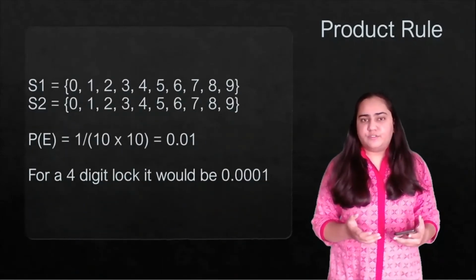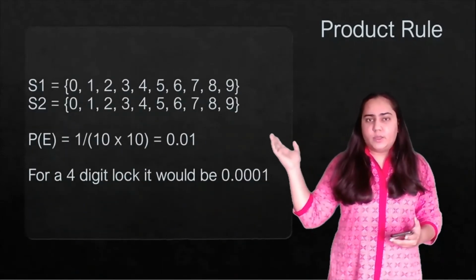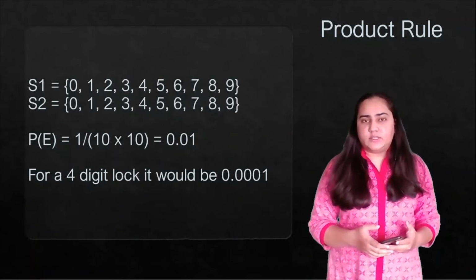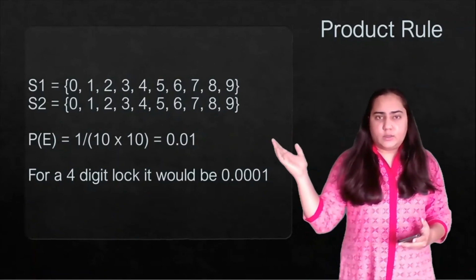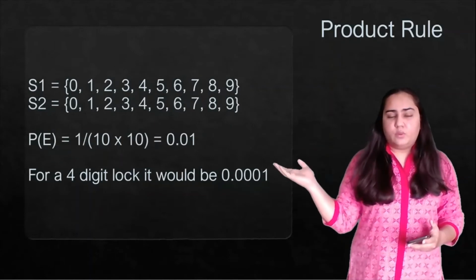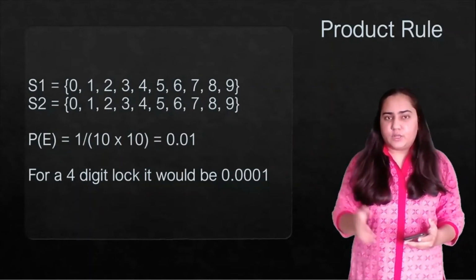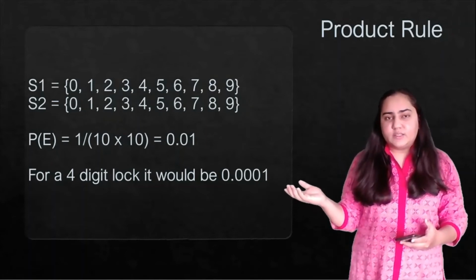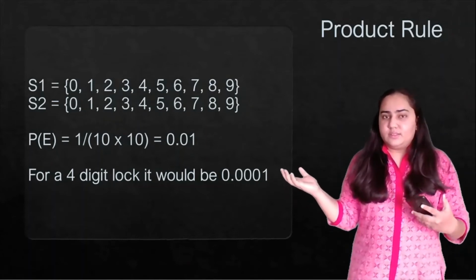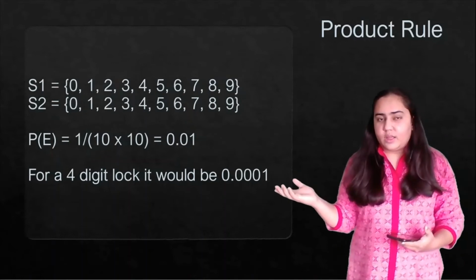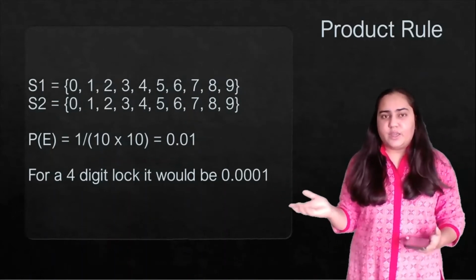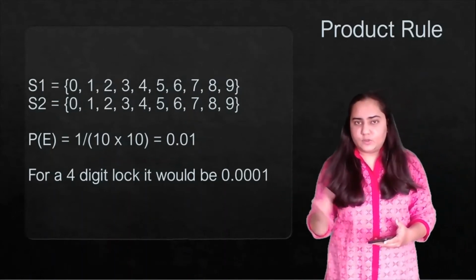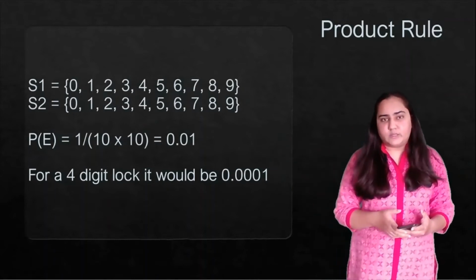So we are going to define two sample spaces. The first sample space is the first digit of my lock, which can be anything from 0 to 9. So that is my first sample space. The second sample space is the second digit of my lock, and that also can be anything from 0 to 9. So these are the two sample spaces.